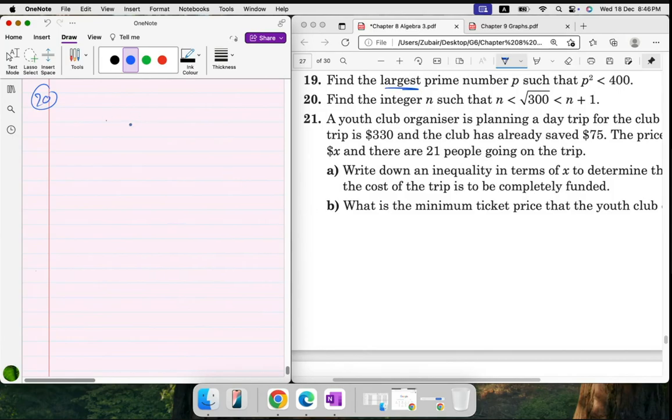Let me see. Okay, let's try it in reverse. This was n less than square root 300 is less than n plus 1. So if you're getting 17, square root 300 should be in between these two. So I'm trying square root 300 and I'm getting 17.3. That is correct.